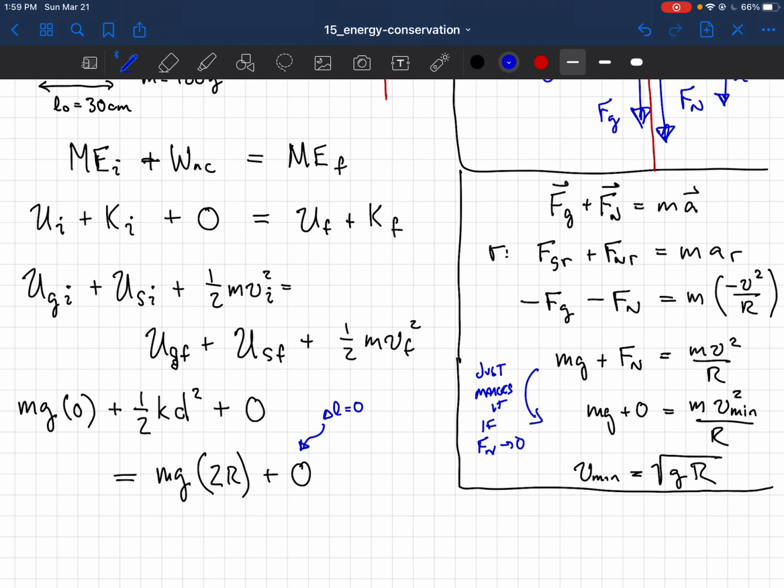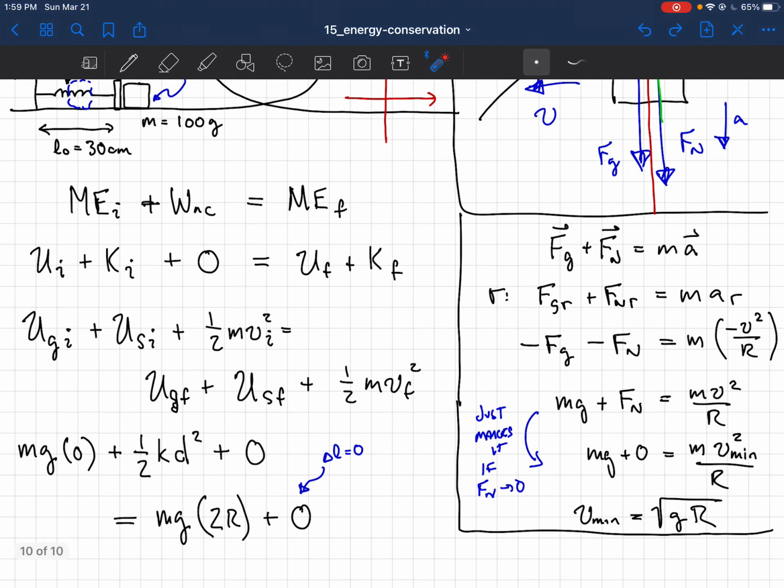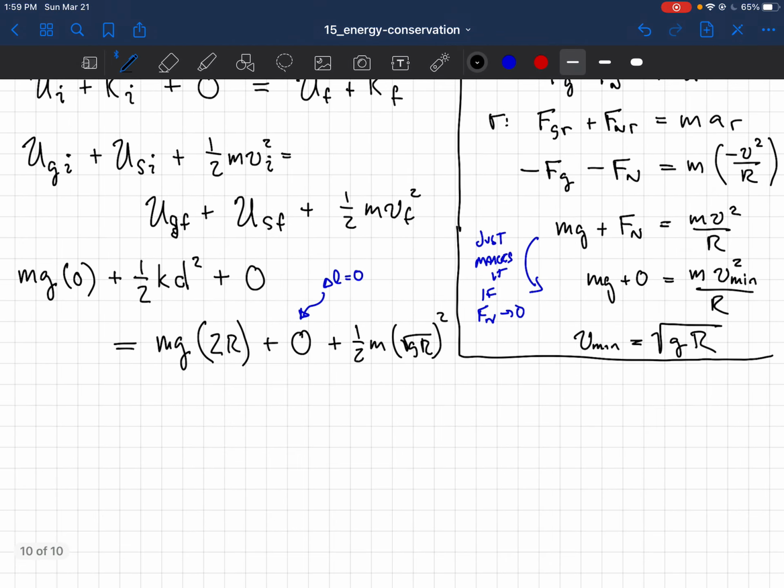So in the final case, the spring potential energy is 0. And then we have 1/2 m v final squared, and the final case is up here at point B, and that was the speed that we needed here, square root of gr. So that's going to be equal to 1/2 m times the square root of gr all squared.